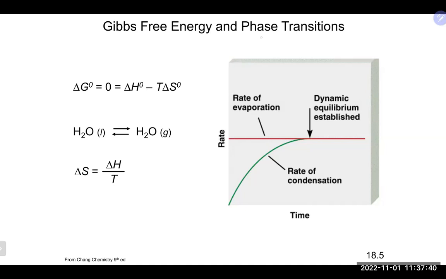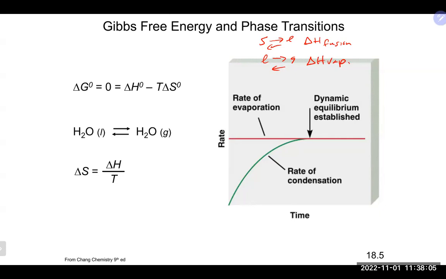Remember that as you go from, say, solid to liquid or back, the energy required to do that transition is the delta H of fusion. And obviously it changes depending on the substance you're dealing with. As you go from liquid to gas or backwards, that is the delta H of vaporization, typically the value that you would use for that.